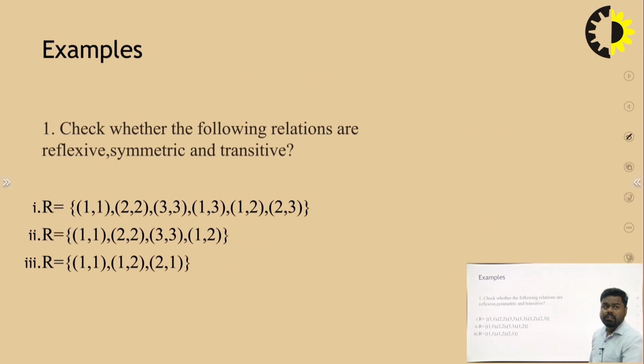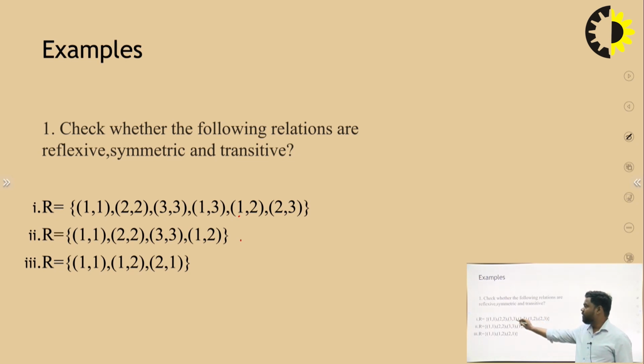Now I have taken an example: check whether the following relation is reflexive, symmetric or transitive. There are many examples over here, but I have taken one and I will make another one also. The relation in this example is 1, 2, 3. So we are checking whether the following relation is reflexive, symmetric or transitive or not.